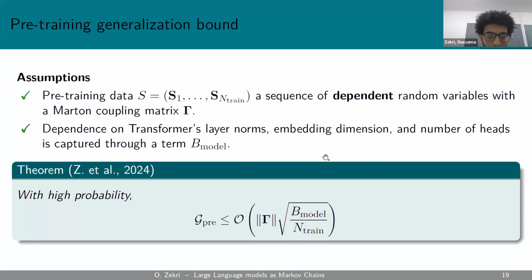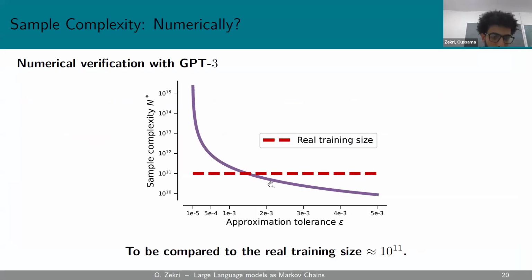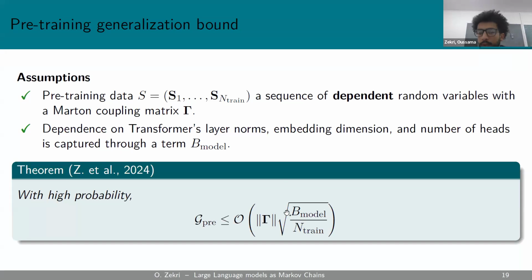And we just plotted this bound, in purple here. Okay, we don't really plot this bound, but the sample complexity that comes from this bound.